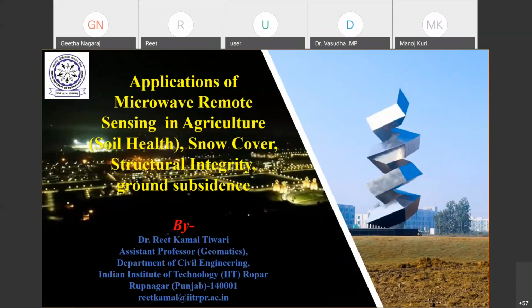Okay, sir. After classification, in order to estimate the yield, is Sentinel-2 sufficient, or do we need to go for microwave data? Yield depends upon several things. While I am studying the different soil health parameters, the ultimate goal is to estimate the yield.